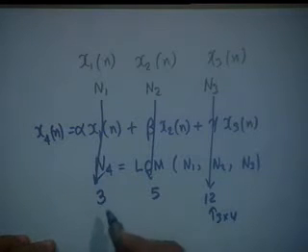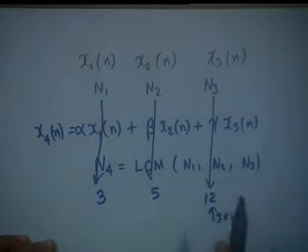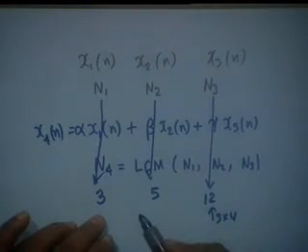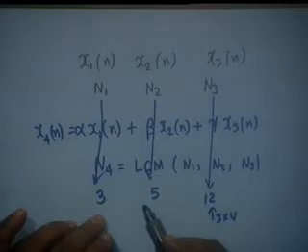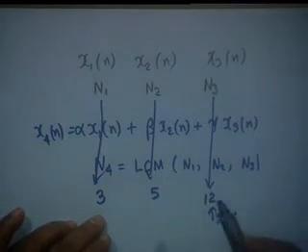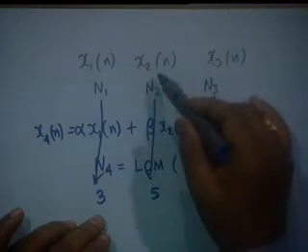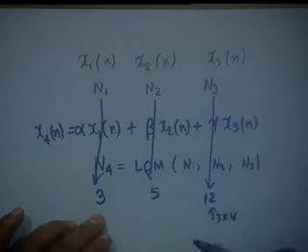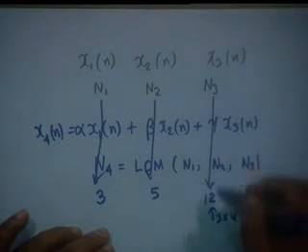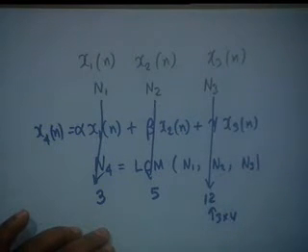So it is 60. After 60 cycles, X1 executes 20 periods, isn't that right? After 60 cycles, X2 executes 12 complete cycles and X3 executes 5 complete cycles.